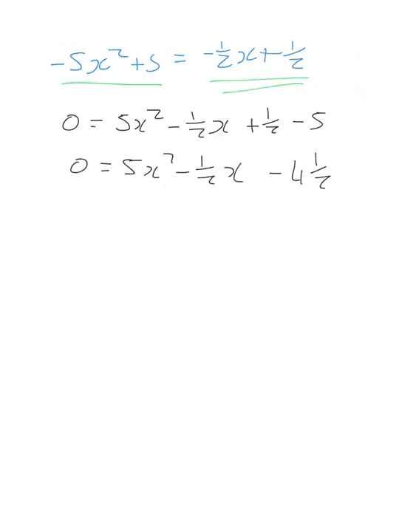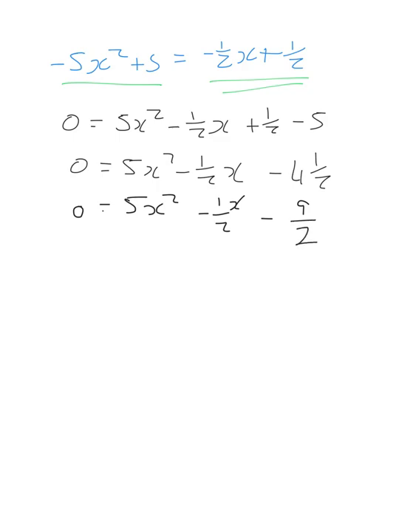An easy way to sort this out, because dealing with these halves here is quite difficult, is to rewrite this to be 0 is equal to 5x squared minus a half x minus 4 times 2 is 8, 8 plus 1 is 9/2.